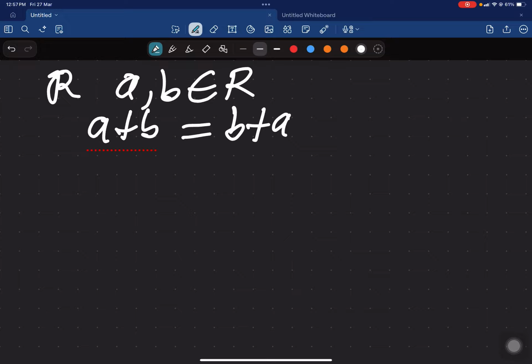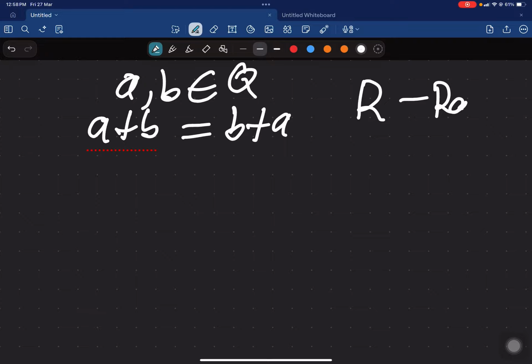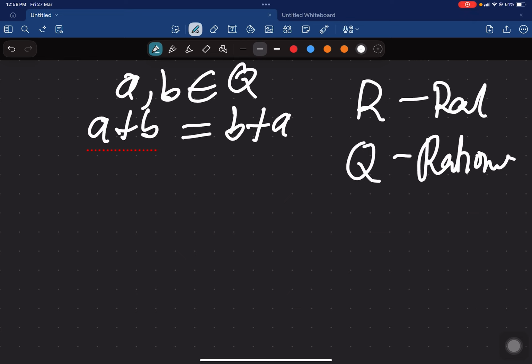Now let's look at the associative property of addition on the set of rational numbers. So let's denote rational numbers with Q, so that capital R is for real numbers and Q is for rational numbers. Alright, so the next thing is associative property.